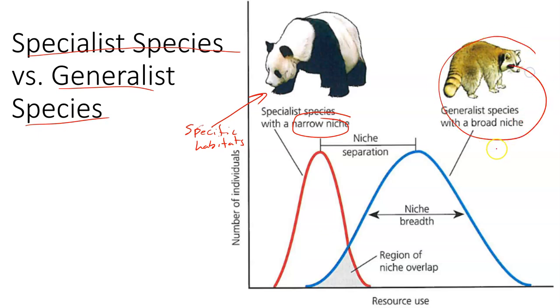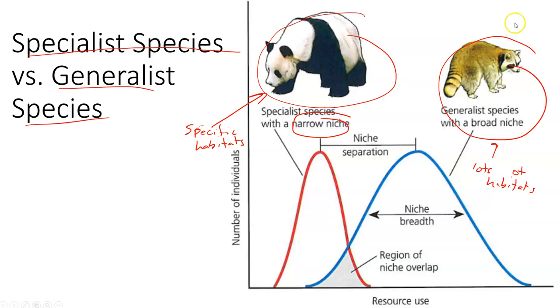Generalist species can survive in lots of habitats. So the examples here are panda, which require a very specific type of habitat and a diet of bamboo, whereas raccoons can survive in grasslands, forests. They can survive in urban areas or wild areas.